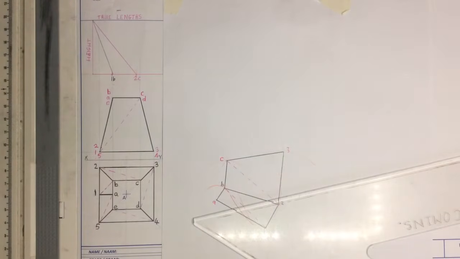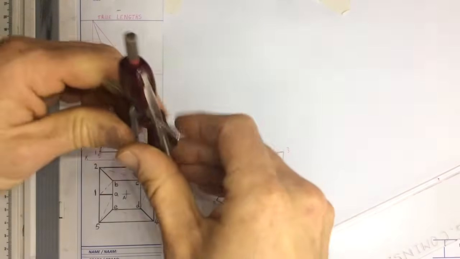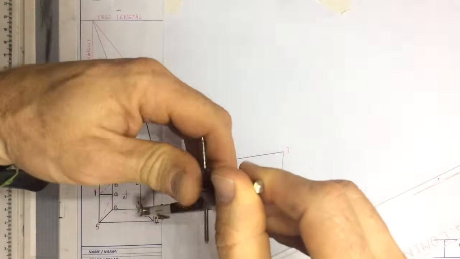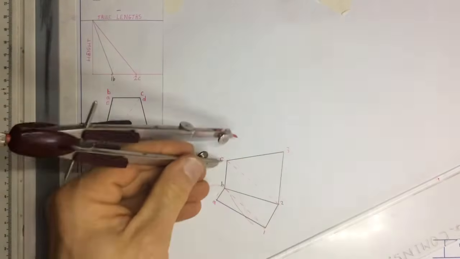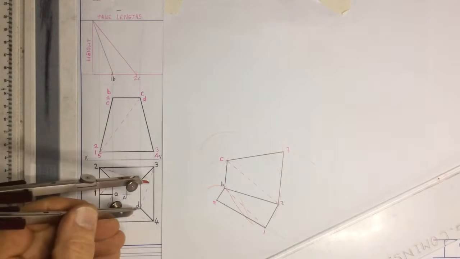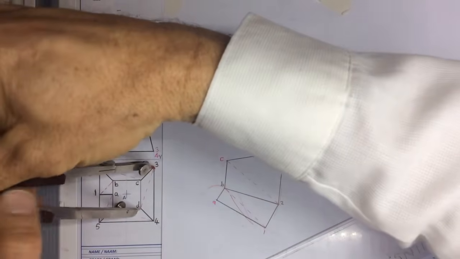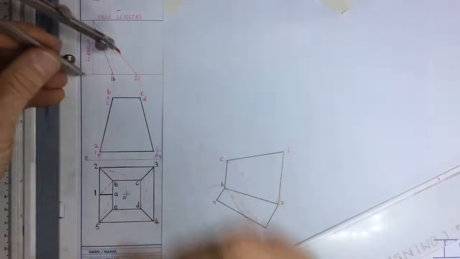Once I've got that, well, my next trick is to go from C to D. True length distance from C to D. Go over here, C to D, draw an arc. I need a true length distance from 3 to D. Do I have that? No, I don't. Need to take that to the graph.